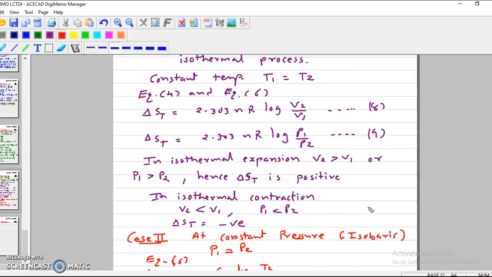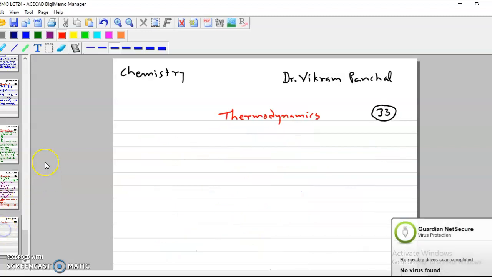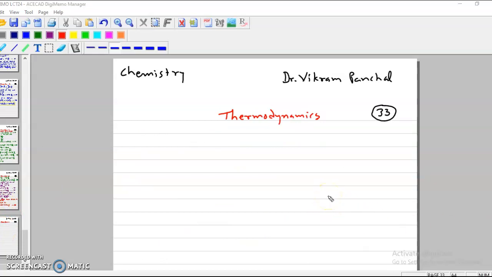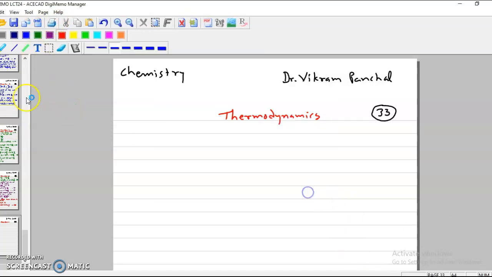Okay. Now we will take the third case in which volume is constant. So here we write case 3 where volume is constant.